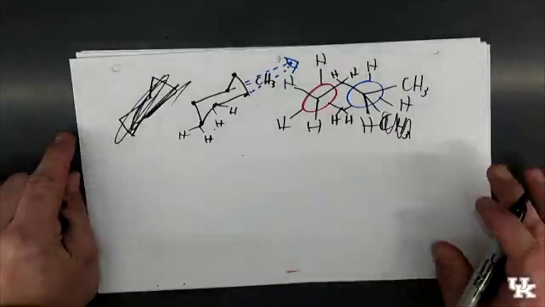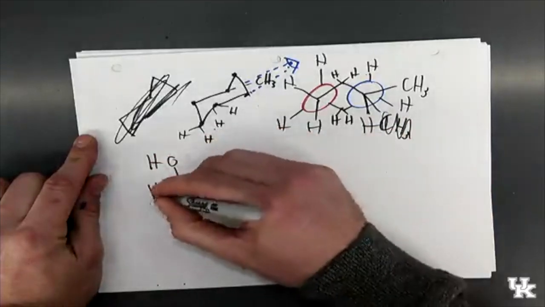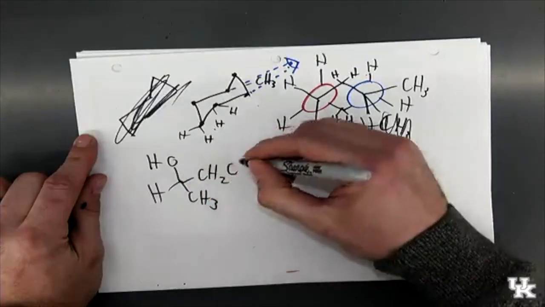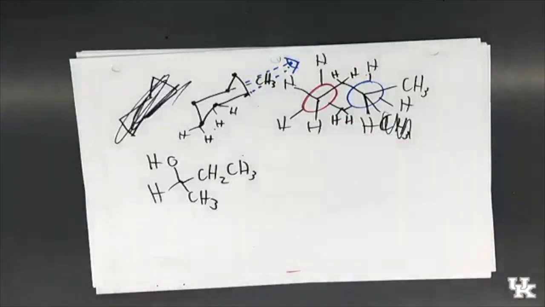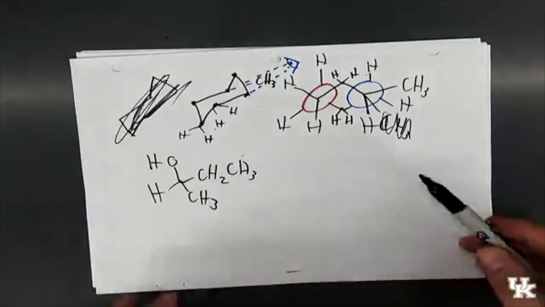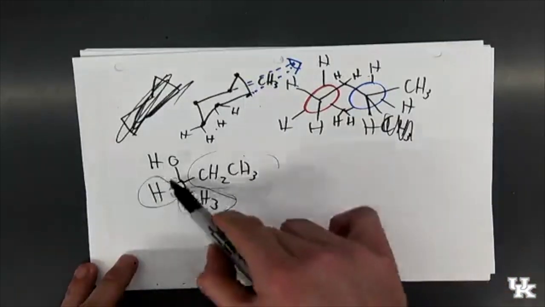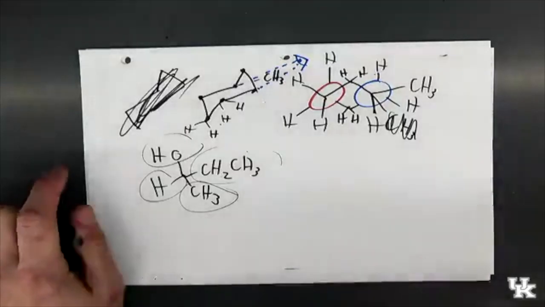And it really matters because going back to the beginning of the class, style drawings of this molecule don't tell you anything except that each of the substituents, remember substituents? Yeah, all these guys are connected to the same carbon. But what they don't tell you is where in space they are. Just like when we were talking about conformers and cyclohexane, they don't tell you where spatially they might be located.